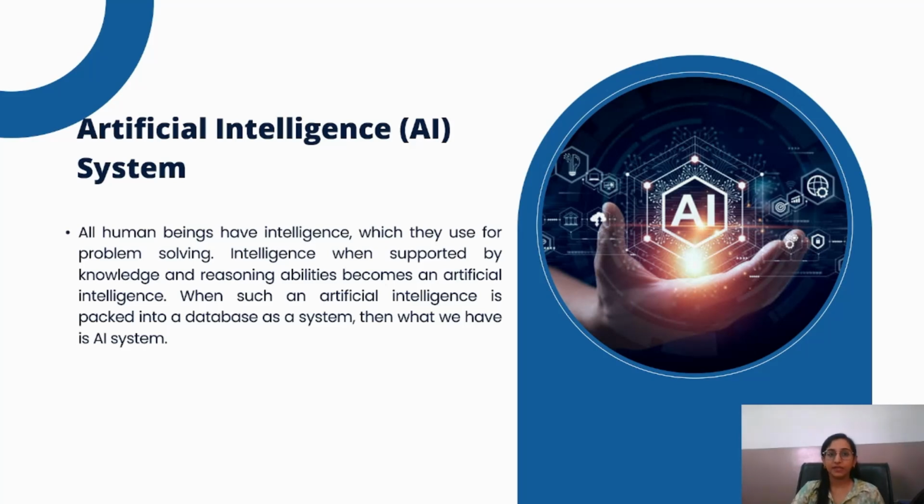AI systems integrate various forms of technology, including machine learning, which is called ML, deep learning, and neural networks. Machine learning algorithms enable AI systems to learn from data and make decisions based on it.